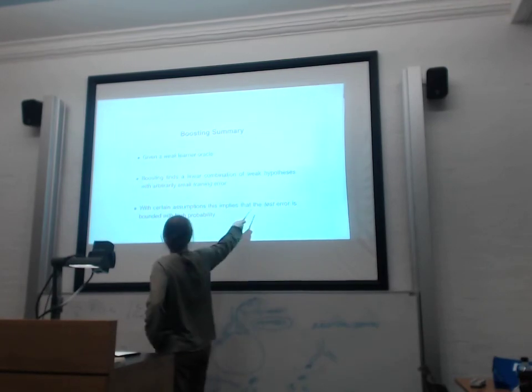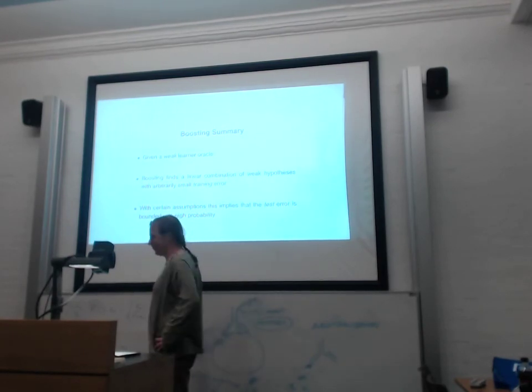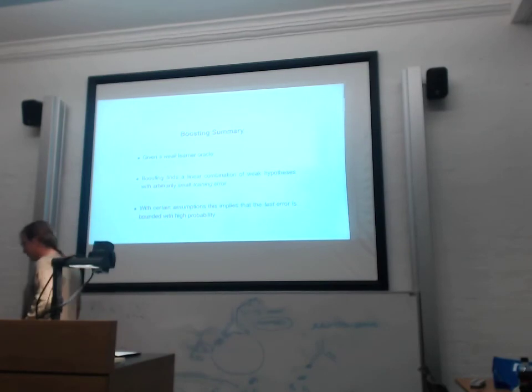With sufficient additional assumptions, you can prove some guarantee on the test error, which should hold with high probability, which I don't want to go into too much detail on.